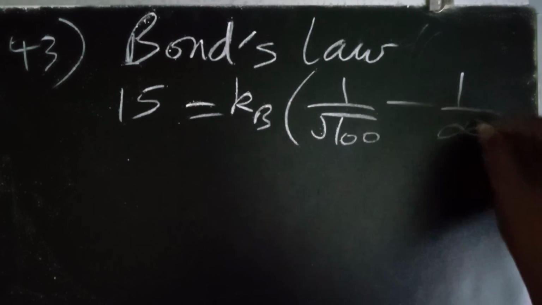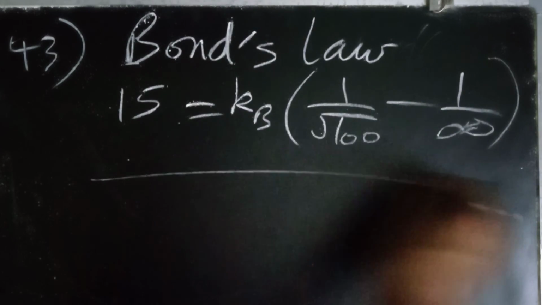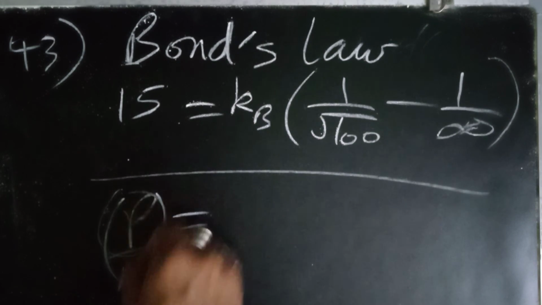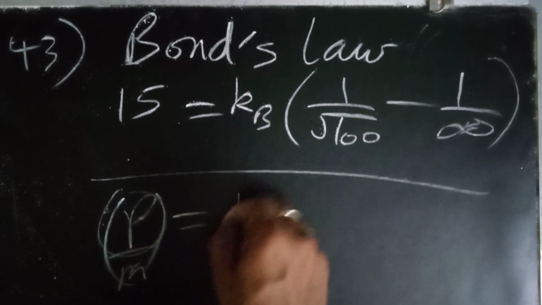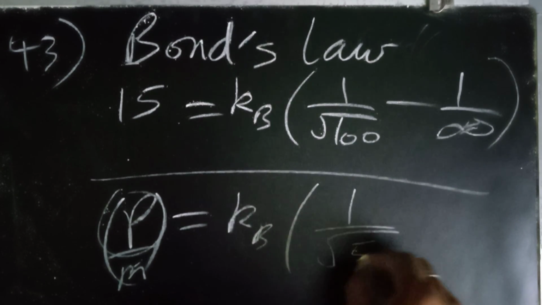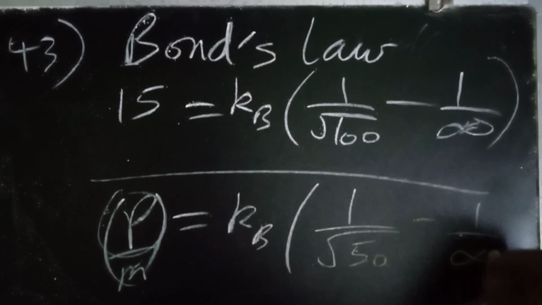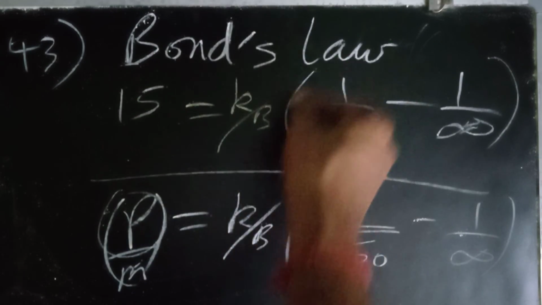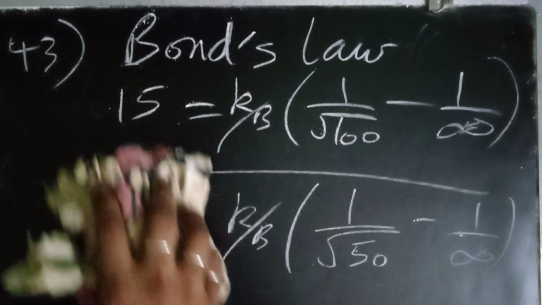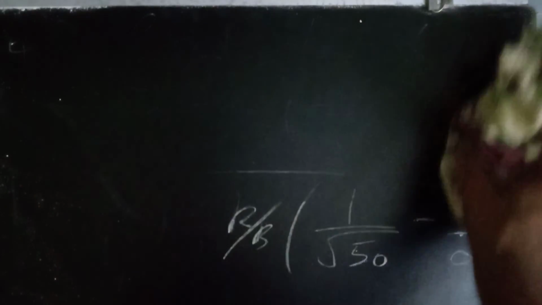Why infinity? Because of a large feed. Then we need to find out the power required, P by M. Again kb, if we had a product size of 50 micron minus infinity. So this way you can just cancel kb, or you can just use the work index 0.3162 kb. That also works well here. Anything you can do, because this is Bond's law.